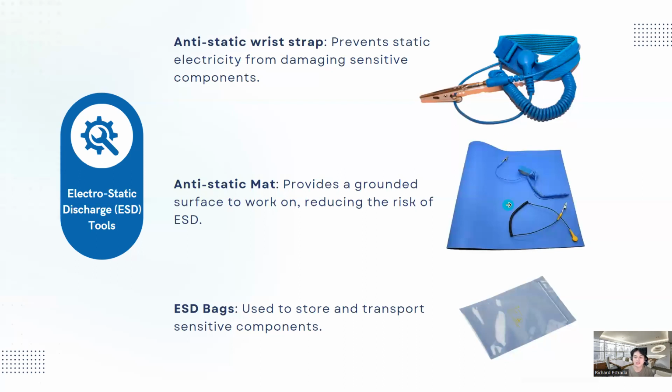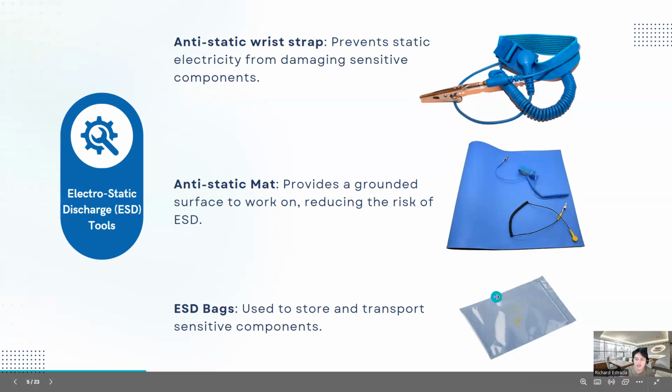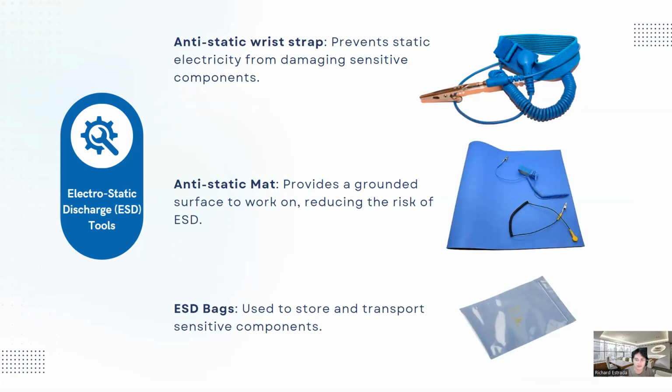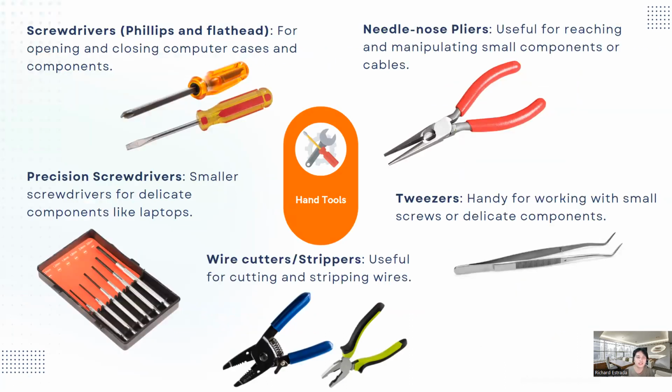This hardware is important because it needs to be anti-static; if you only use your hands, it is possible that your hardware will be damaged. The anti-static mat provides a grounded surface to work on, reducing the risk of ESD. And then we also have ESD bags. You can put your very sensitive components here, since they can get damaged just by touching them.